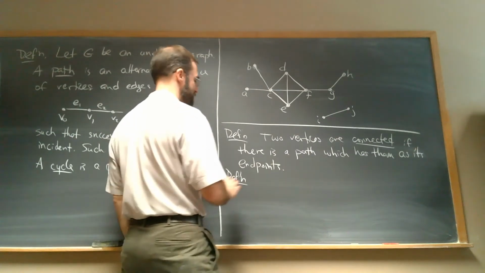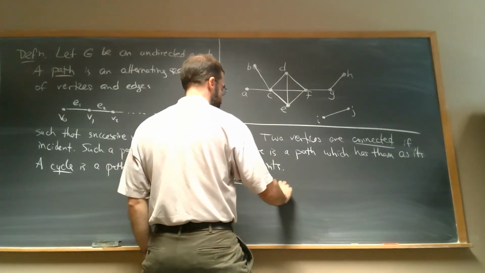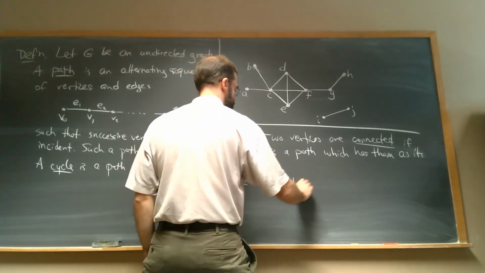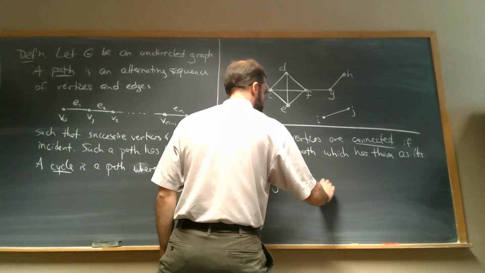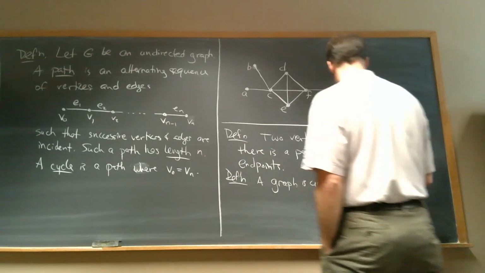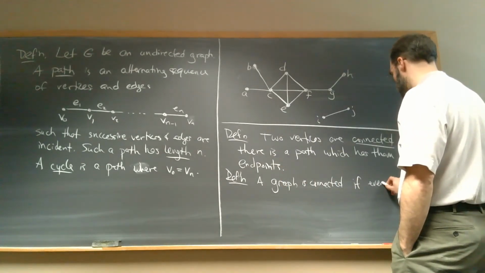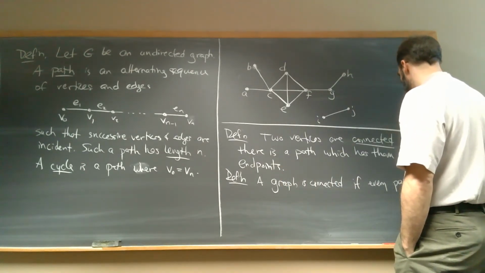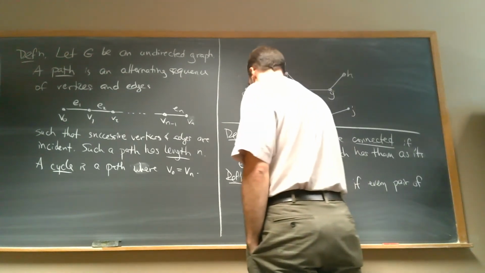And then the other thing we could say is that a graph is connected if every pair of vertices in it is connected. Every pair of vertices.